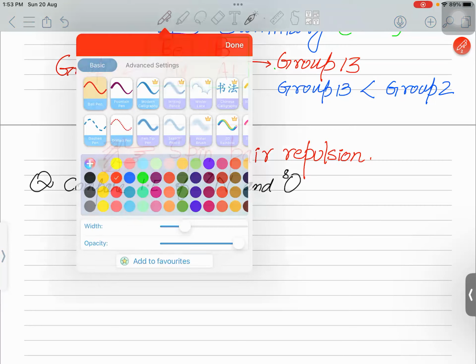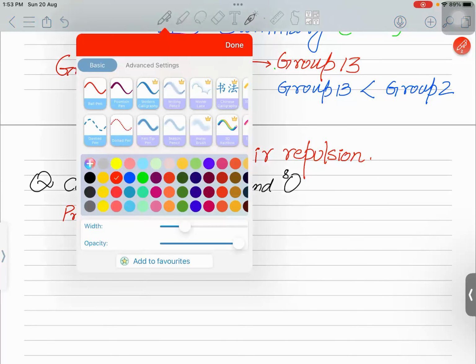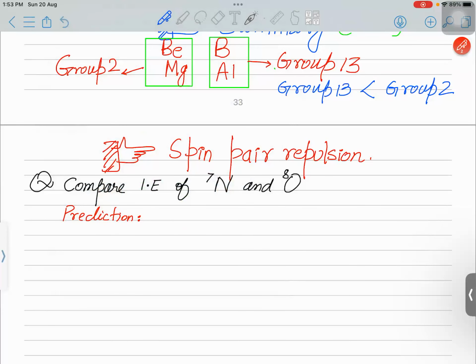Now can you give a prediction? Yes, both are in the same period. Can anyone predict which one has higher ionization energy? Oxygen, right?